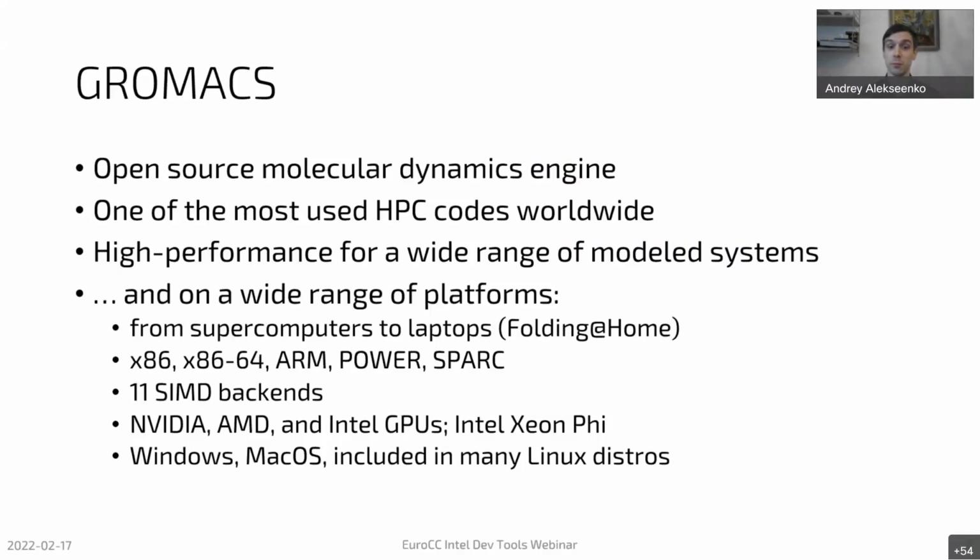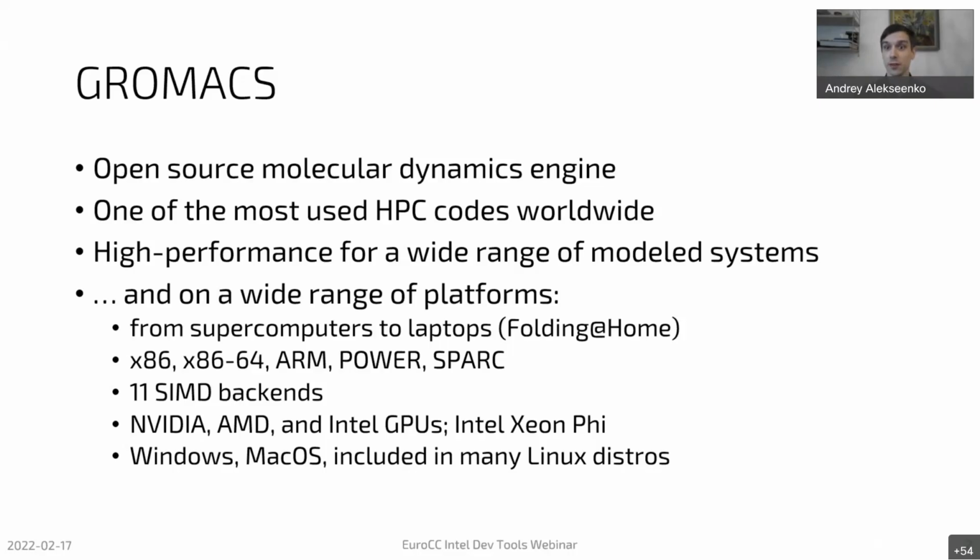GROMACS is being run as part of the Folding@home project on laptops. And it's used for modeling a very wide range of biomolecular systems. It might be some small individual proteins, or it might be a big system of some ion channel embedded in a membrane.